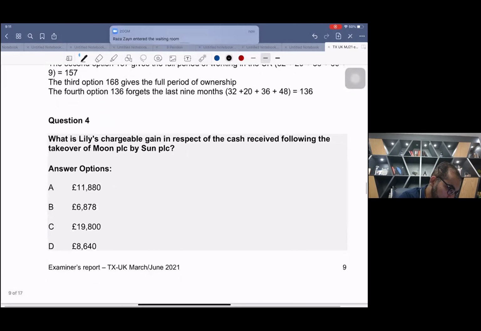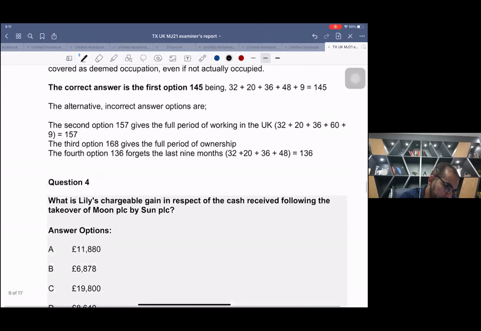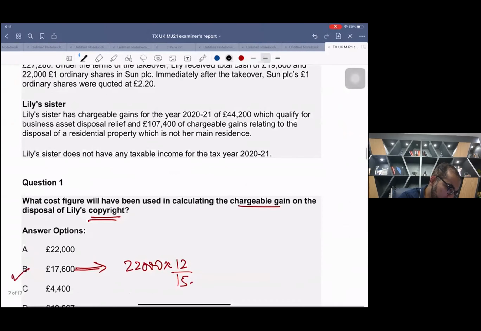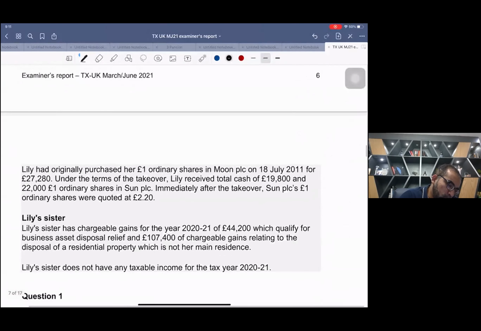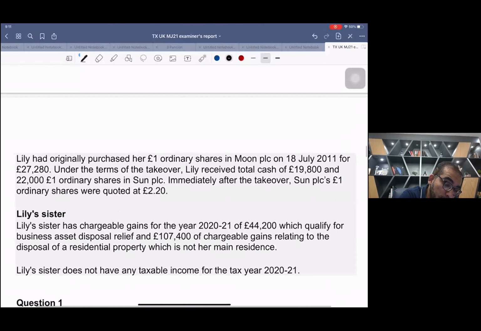Okay, let me show you. This is the game. Lily had originally purchased her pound one ordinary shares in Moon PLC. Please look very carefully. Think over it.